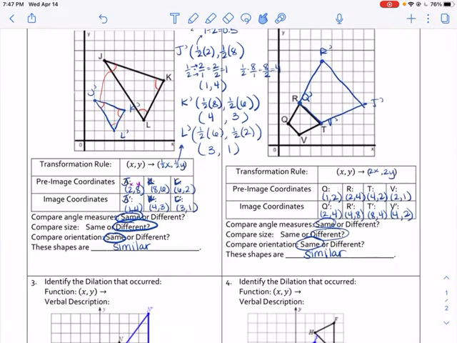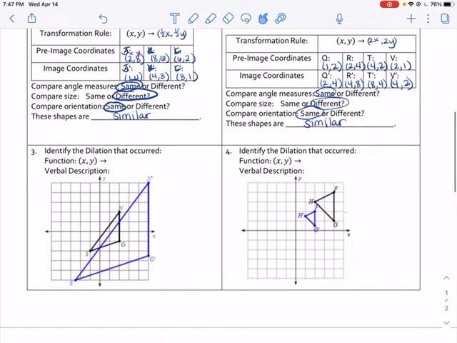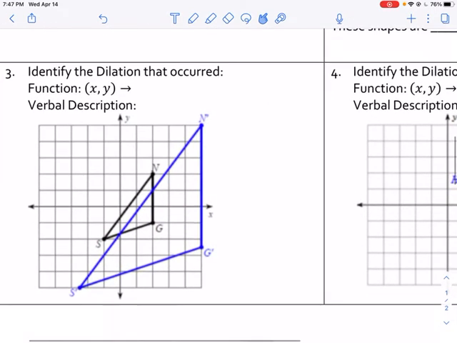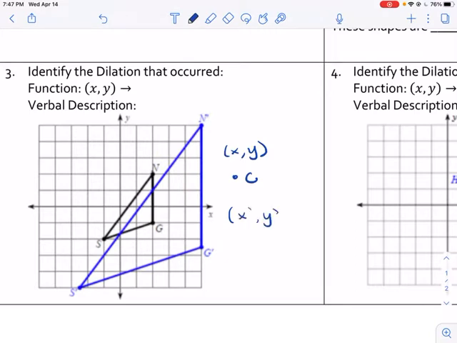Let's go through how to identify the dilation that occurred. The hardest part of this is going to be figuring out your scale factor. So in our function, we take a point and we multiply it times whatever the scale factor is to get our new point, right? We're going to say this is x prime, y prime, even though we don't usually call them that. So now we're going to go backwards to figure out what the scale factor is.